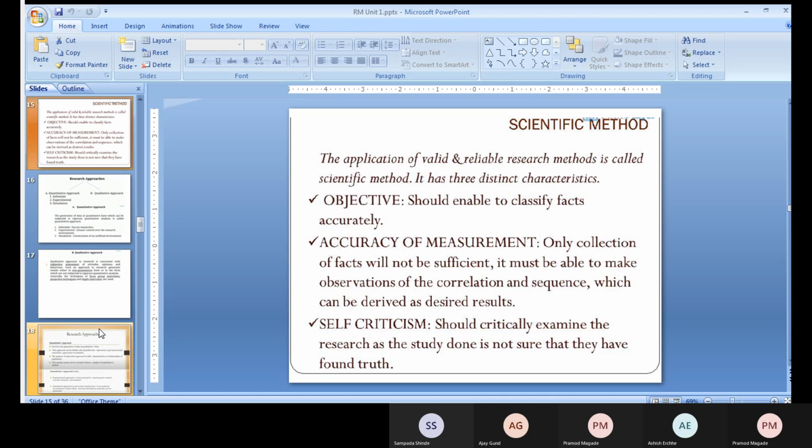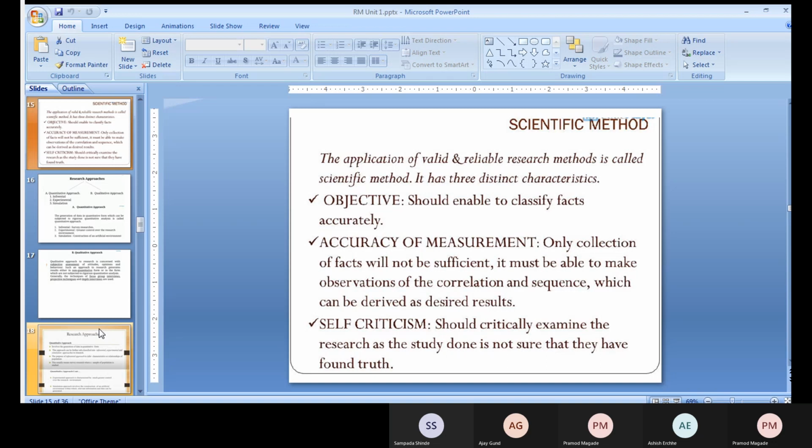After finding the research gap, we need to develop the objectives. After developing the objectives, we need to fulfill those objectives through methodology. And after methodology, I need to go for self-criticism.